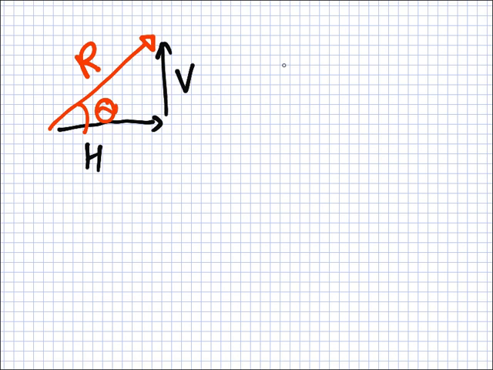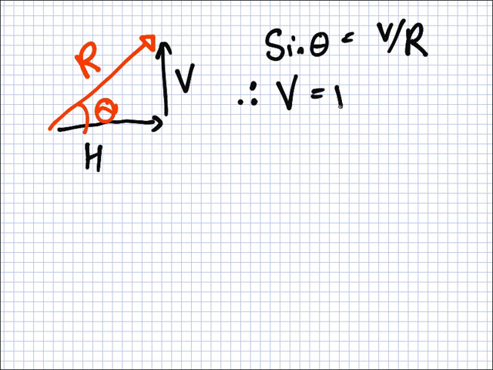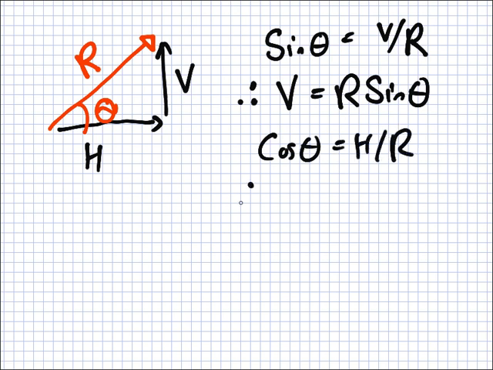You can say sine theta equals v over r. Therefore, v equals r sine theta. You can also say cos theta equals h over r. Therefore, h equals r cos theta.